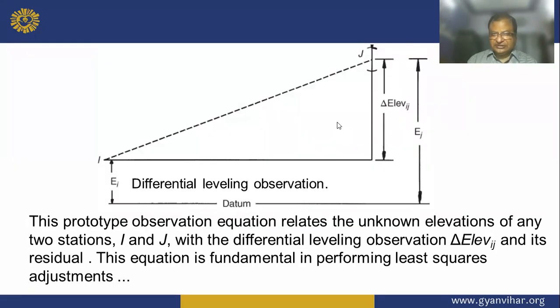Now, this is the map of differential leveling observation. The prototype observation equation relates the unknown elevations of any two stations I and J with the differential leveling observation, delta elevation Y, and its residual.